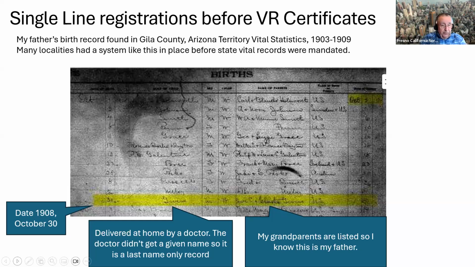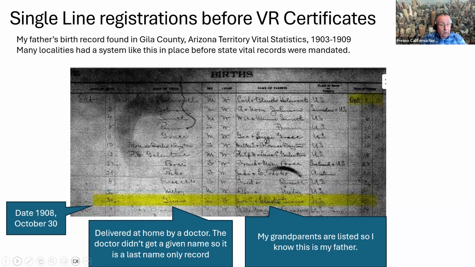He was born on the 30th of October, 1908. And in those days, births were recorded by doctors as they went from home to home, assisting women giving birth, because most children were born in people's homes. And so as he went to the Givens home, he delivered a baby boy.